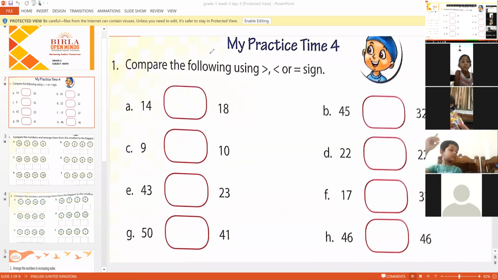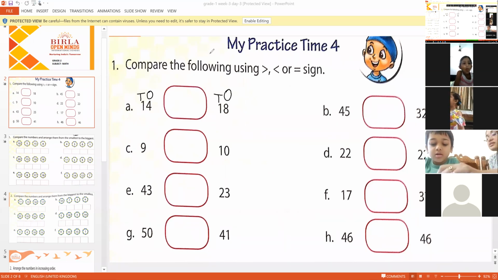So you have to tell which number is greater, 14 or 18. Again children, see here the ones place and tens place. In the number 14, in ones place we have 4 and in tens place we have 1. Now if we move to the number 18, in ones place we have 8 and in tens place we have 1.